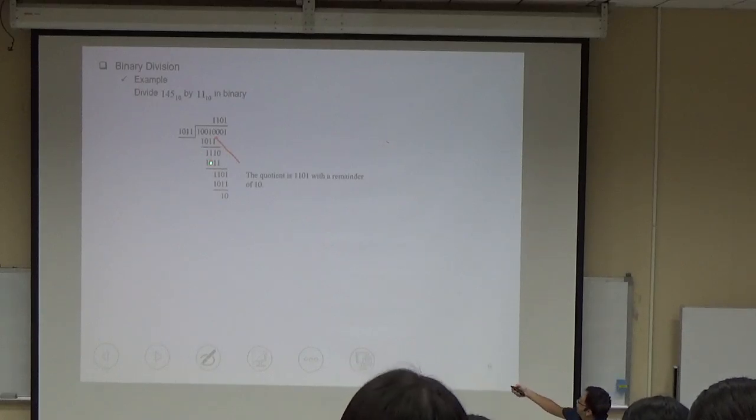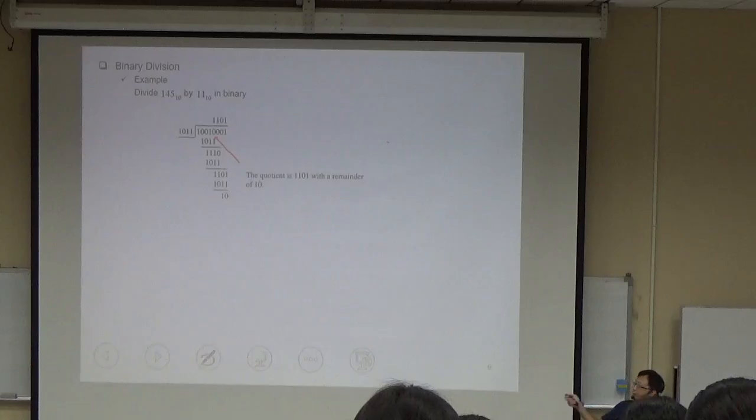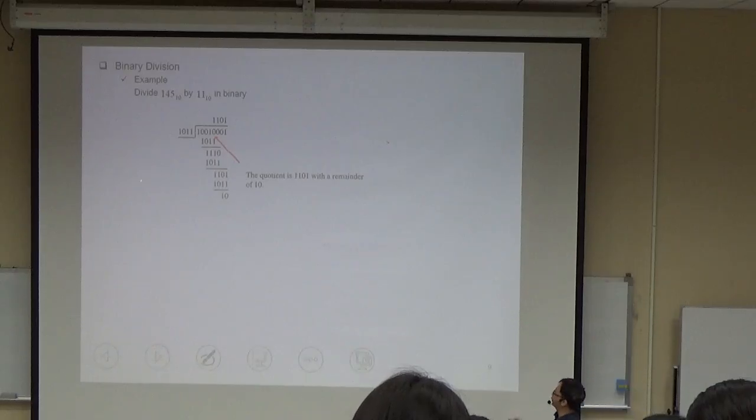Okay. And 1, 1, 1, 0 compared with 1, 0, 1, 1, which is larger? It's larger, so we can perform the subtraction. So put the quotient 1 right here, 1, 1, 0, 1, 1, and this one. Okay?